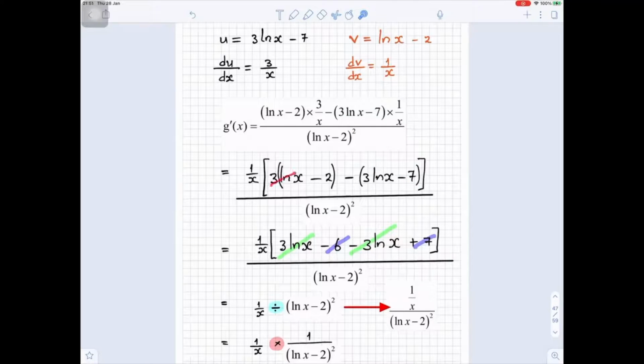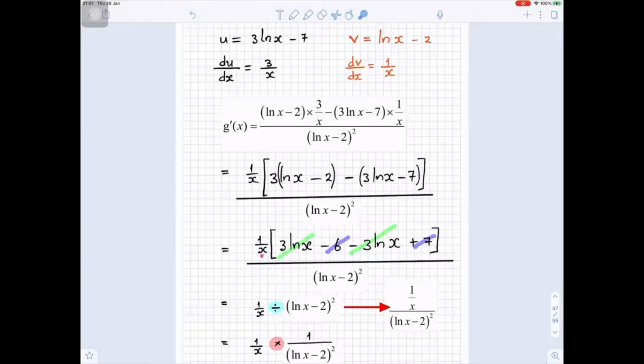So 3 ln x minus 3 ln x will be 0. This will cancel with that. 3 times minus 2 is minus 6. Minus and minus will become plus. So it's minus 6 plus 7. It gives you 1. So all that is left in this bracket is 1. So it's 1 over x times 1, which is 1 over x.